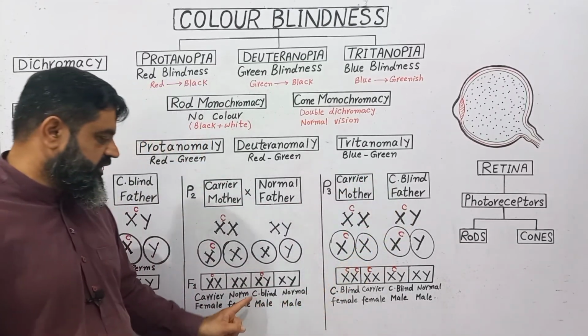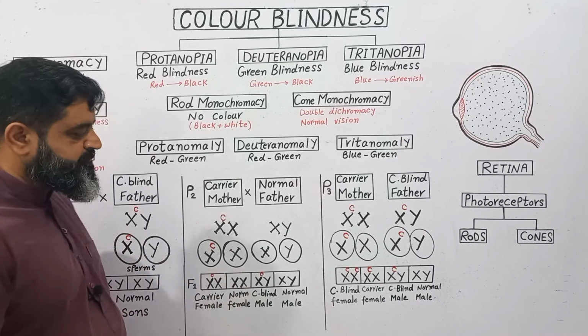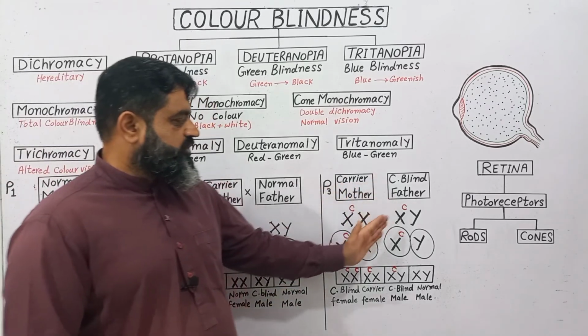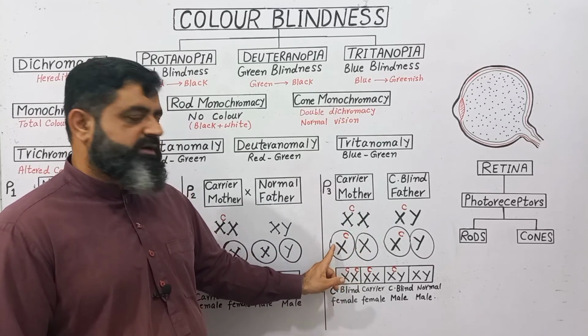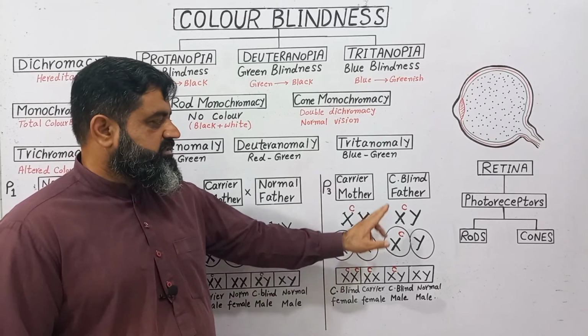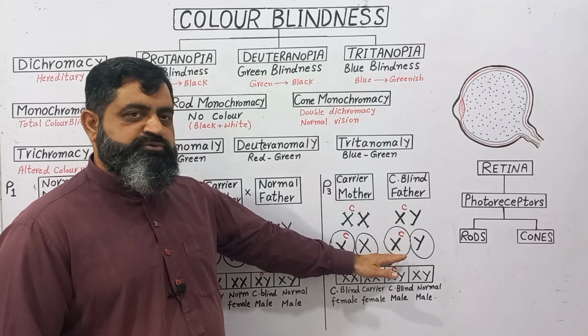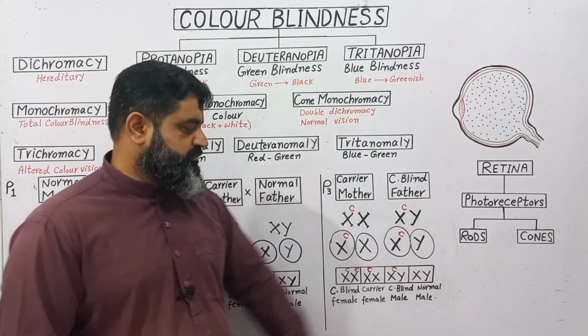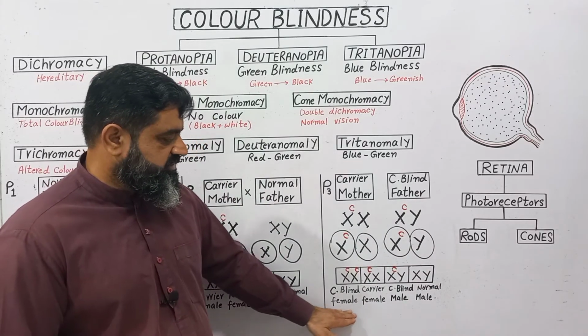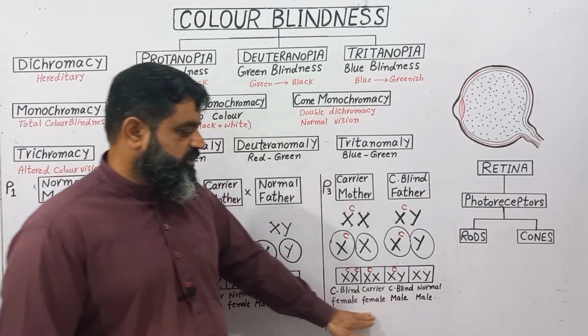In this cross, you can see that two types of eggs are produced, one with the colorblind chromosome and one with the normal chromosome. In the same way, the father produced two types of sperms, one with the colorblind X chromosome and the second with the normal Y chromosome. This is their progeny, their offspring.